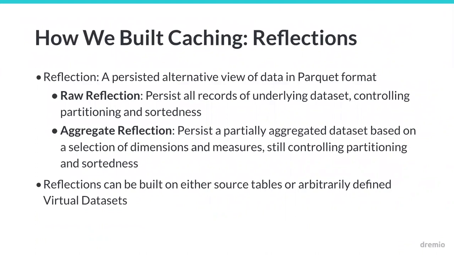And the other type of reflection is the aggregate reflection, which persists a partially aggregated data set based on a selection of dimensions and measures, which also allows partitioning and sortedness. And these reflections can be built on top of either the raw source tables or what we call a virtual data set, which is somewhat analogous to a database view.